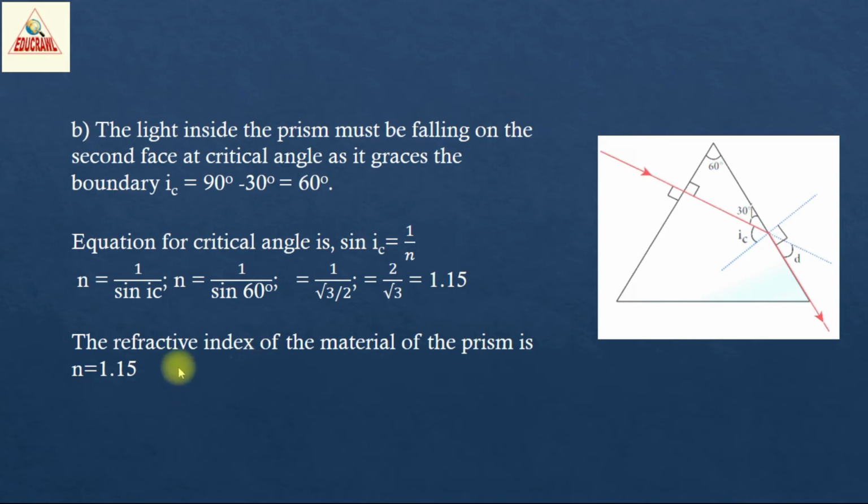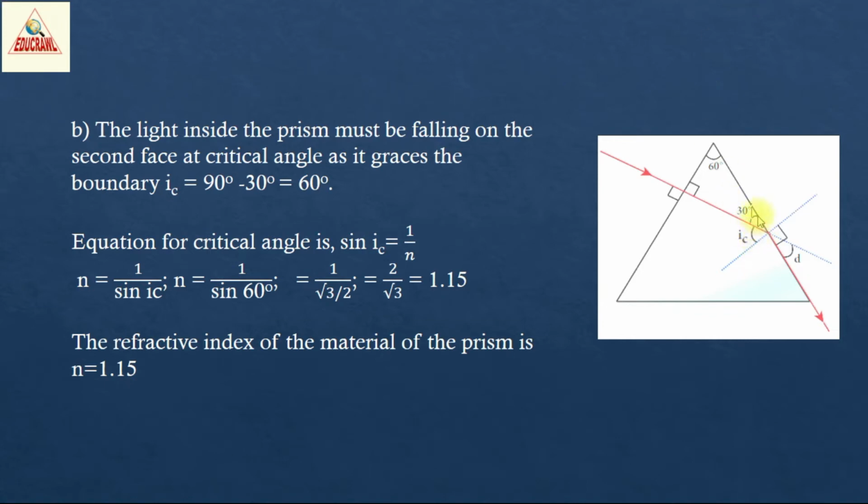Next, we have to find the refractive index. The principle of prism is total internal reflection, so when the light falls on the second surface, the angle of incidence should be greater than the critical angle. Then only the light will undergo total internal reflection. So we have to find IC, the critical angle.